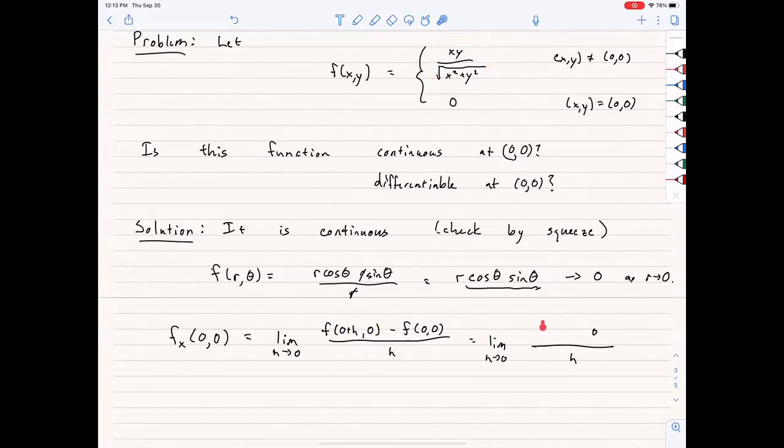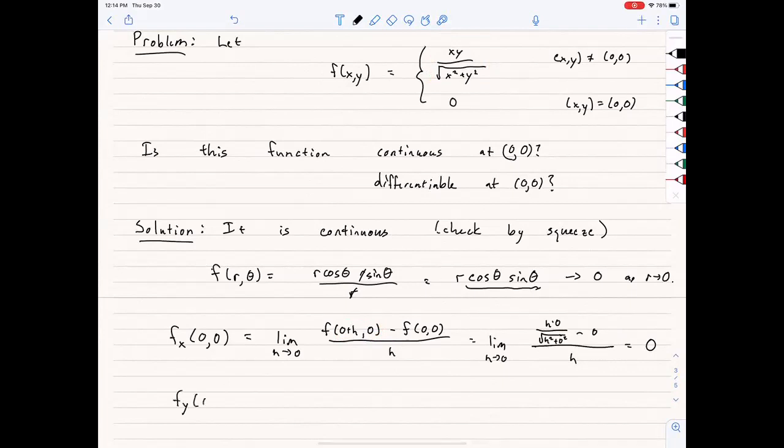So this is h times 0 over the square root of h squared plus 0 squared, which altogether is 0. 0 minus 0 over h is 0. Take the limit, I get 0. All right? That limit exists, and it's 0.